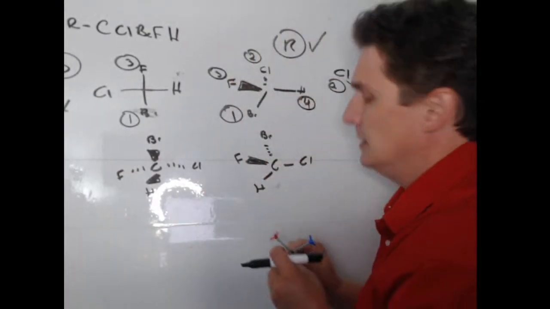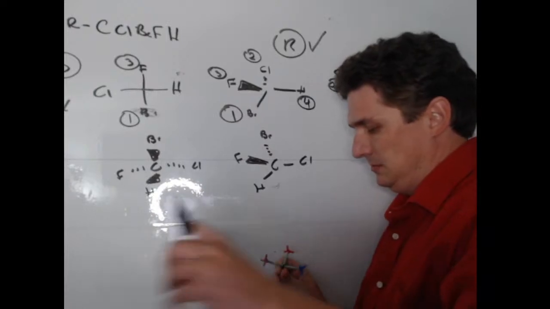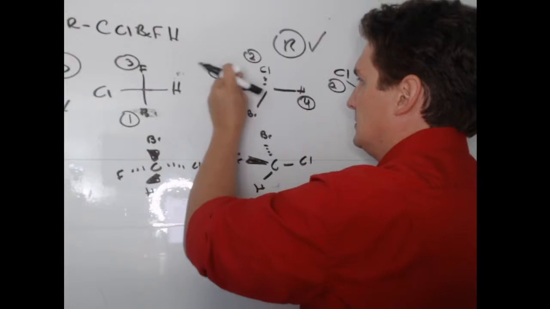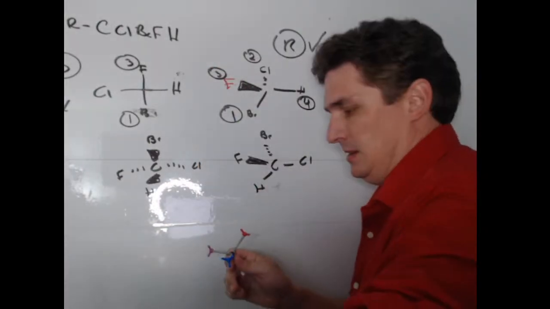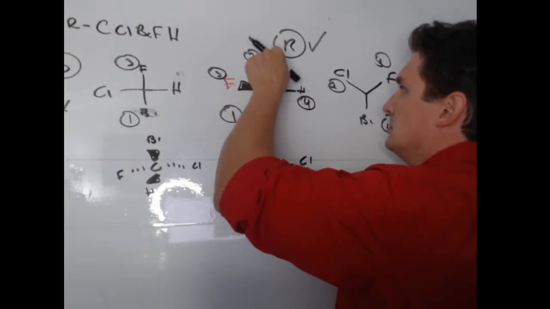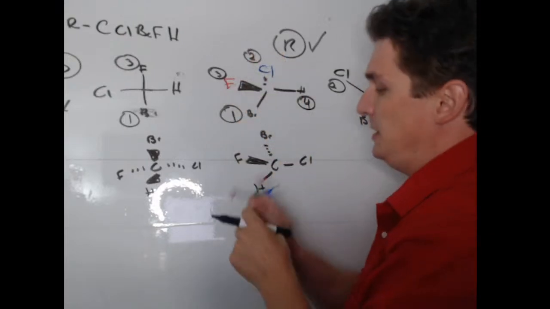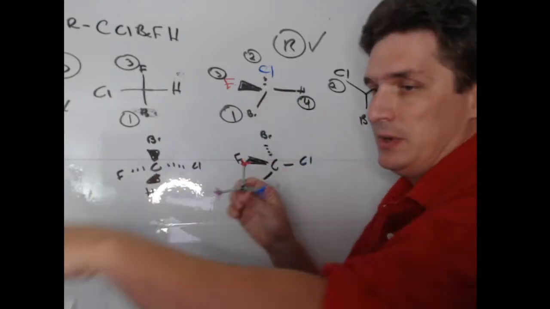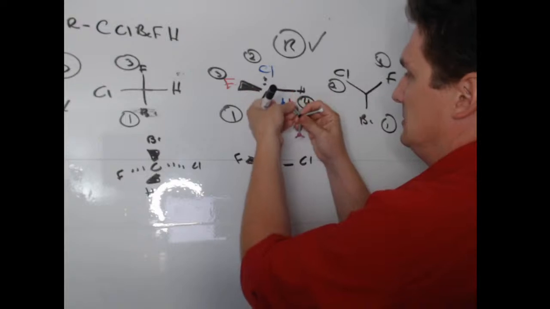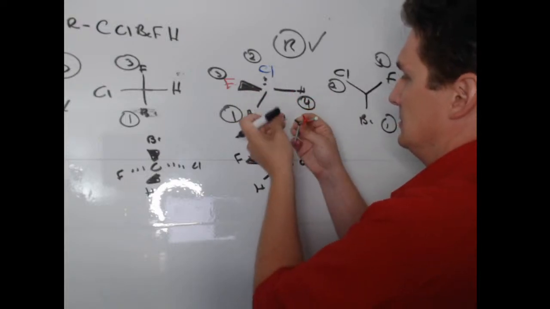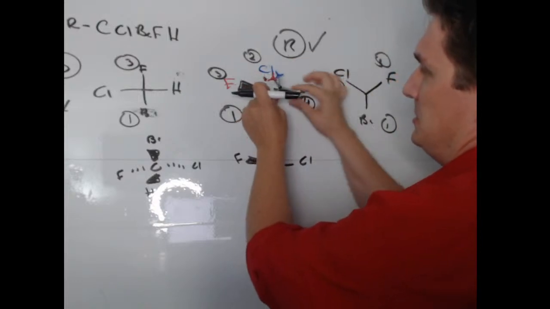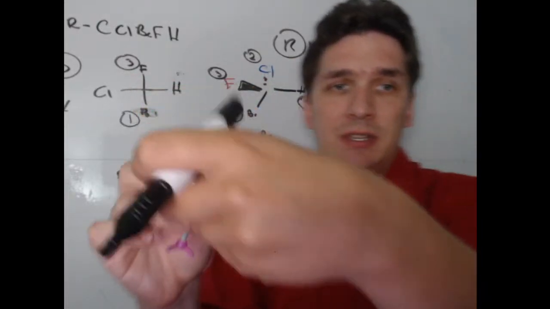So let's do fluorine is red, chlorine is blue, bromine here is going to be this pink color, hydrogen is going to be white. So if I build this model, I've got bromine down, fluorine up, chlorine up, hydrogen to the right, bromine down. So this is my structure.